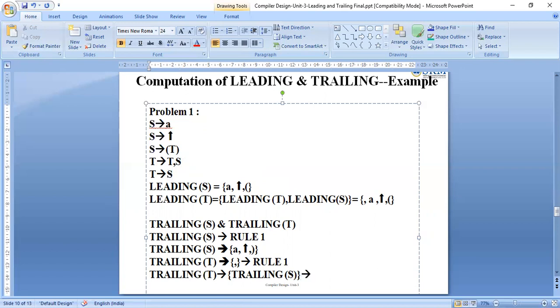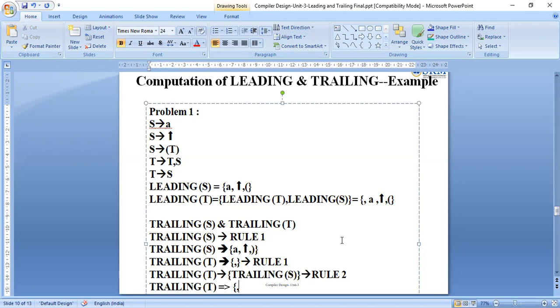Next, we have already obtained rule 1 and rule 2. So combining rule 1 and 2, we get trailing of t equal to comma, from rule 1.